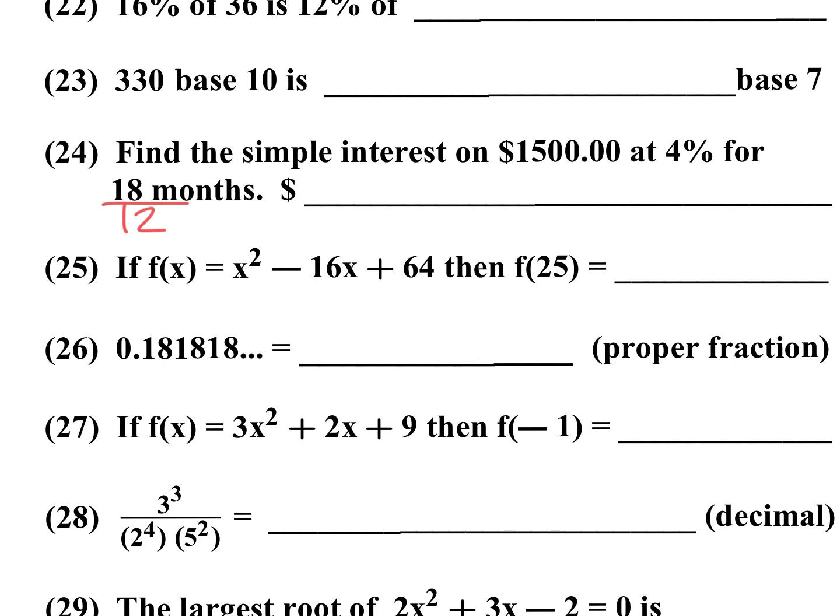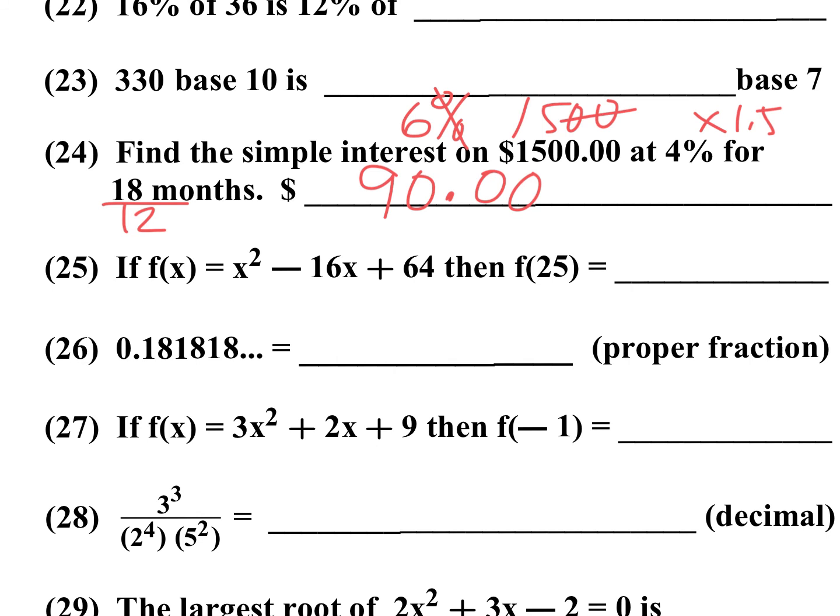So I'm going to multiply 1.5 times the 4%, and that gives me 6%. So what I need to do is 6% of 1,500. And the percent takes care of these two zeros. And all I have to do is 6 times 15, and that's $90. And that's the answer for this one, $90.